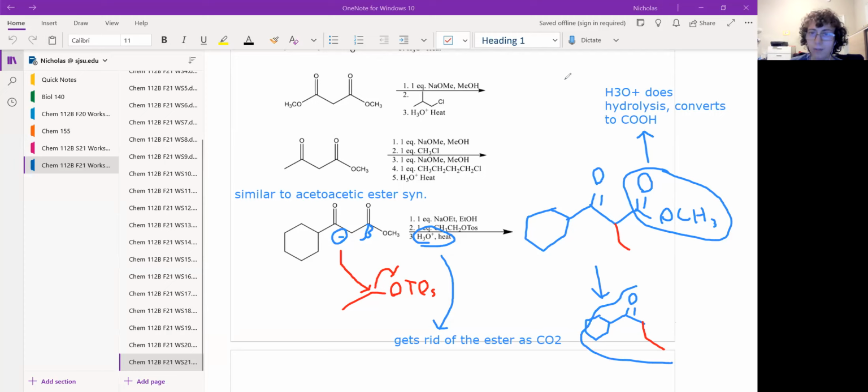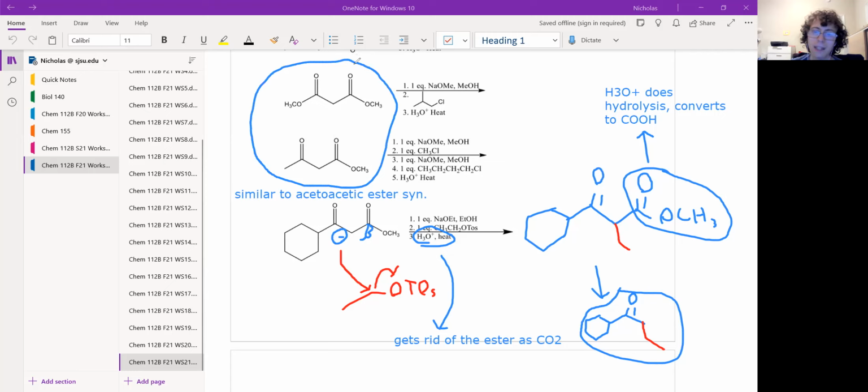So just be aware that this reaction, like what we're doing with malonic ester and acetoacetic ester, you can do in structures that are larger than these. And in those cases, remember, it's not going to be an acetone or an acetic acid product. If it's not these smaller structures I have circled up here, it's not always going to be that simple, but it will be the same idea.